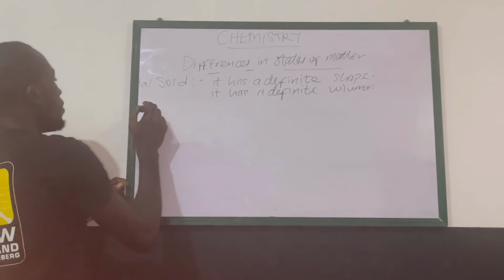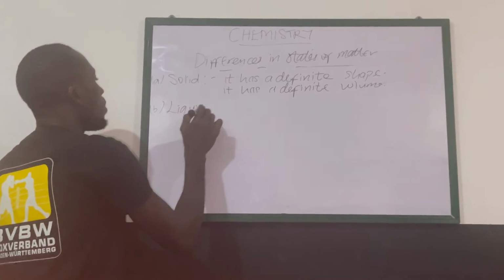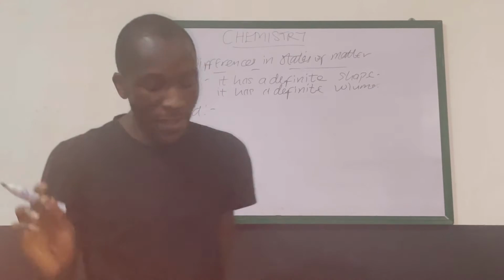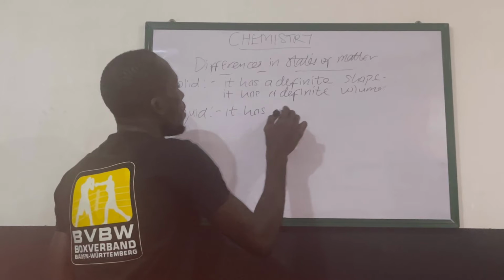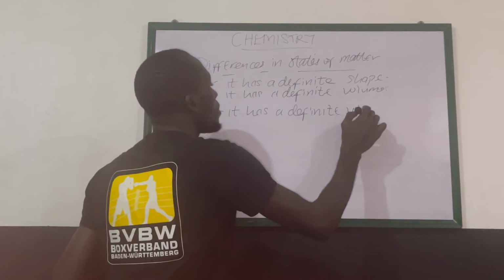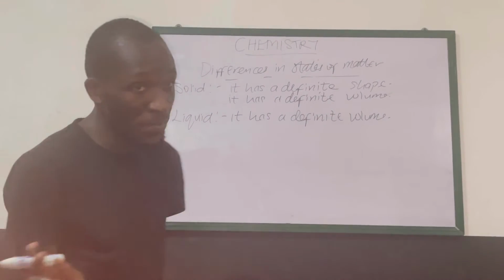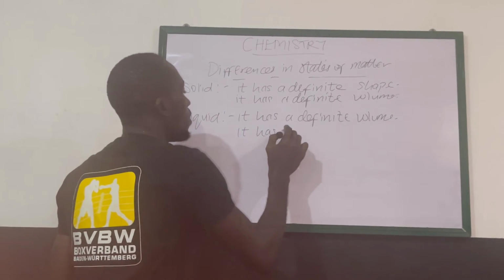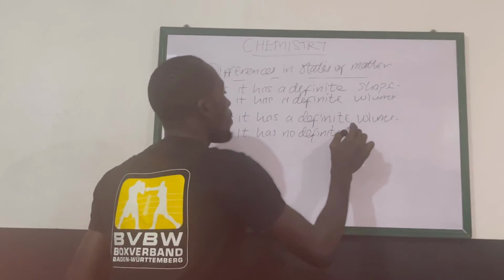But let's look at liquid. When it comes to liquid, a liquid has a definite volume. The volume changes not. But when it comes to shape, it doesn't have a definite shape.